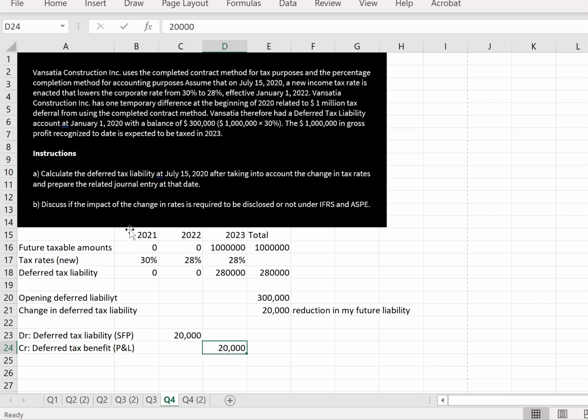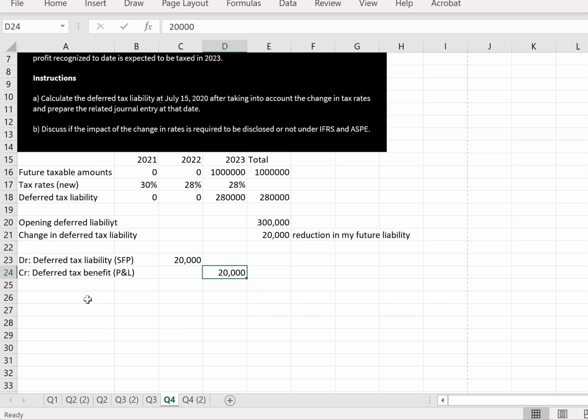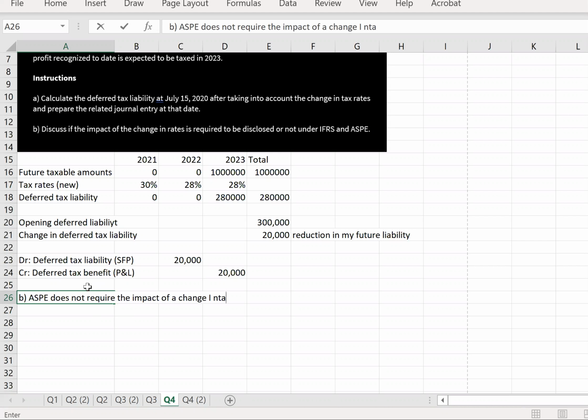B says, discuss if the impact of the change in rates is required to be disclosed or not under IFRS or ASPE. So not surprisingly, ASPE does not require disclosure of the impact of a change in tax rates, but IFRS does.